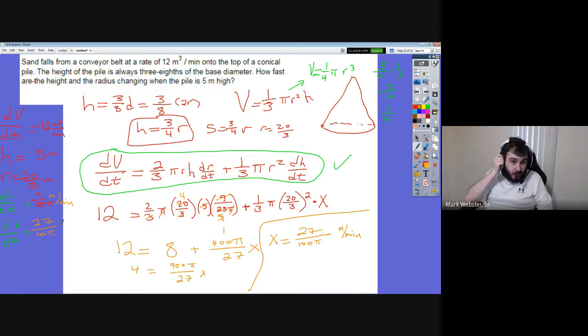So first of all, the level of difficulty of this one is made larger by the fact that we have two different variables that we're trying to find at the same time, right? Ordinarily, with a problem like this, you don't have to do all of this extra. You're just trying to find the rate of the height increasing or decreasing.